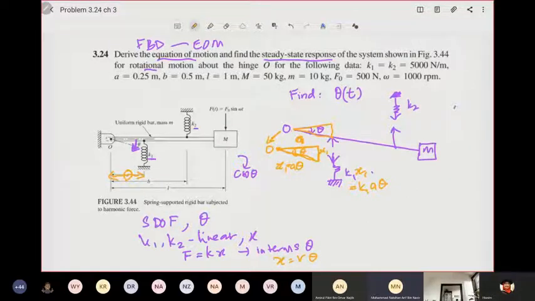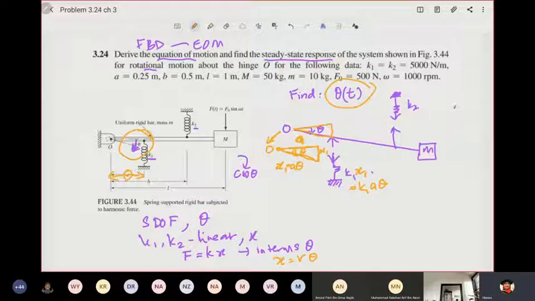Your force is actually K1x1, but you want to write everything in theta because your displacement here is theta, and what you want to find is in theta. So you have to convert everything in terms of theta. So the way to write your force is K1A theta. Any other question? No? Thank you, madam.